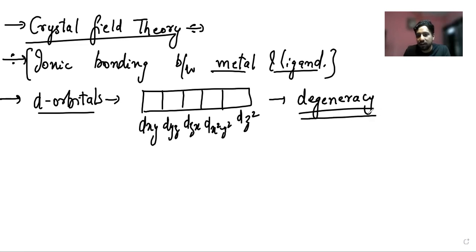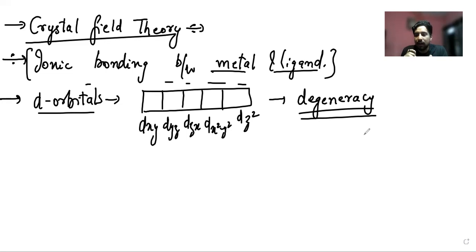Under what conditions is this degeneracy applied? That is when the charge around the orbital is symmetrical. Only at that time will this degeneracy exist.